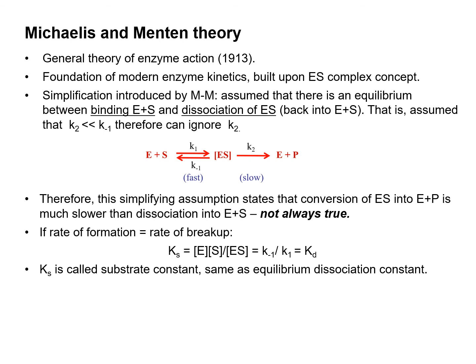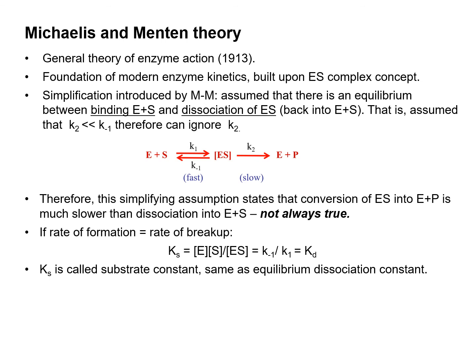So again, this can be simply ignored in this Michaelis-Menten theory. But this is not always true, but it can be applied in several cases of how the enzyme is working for the reaction.